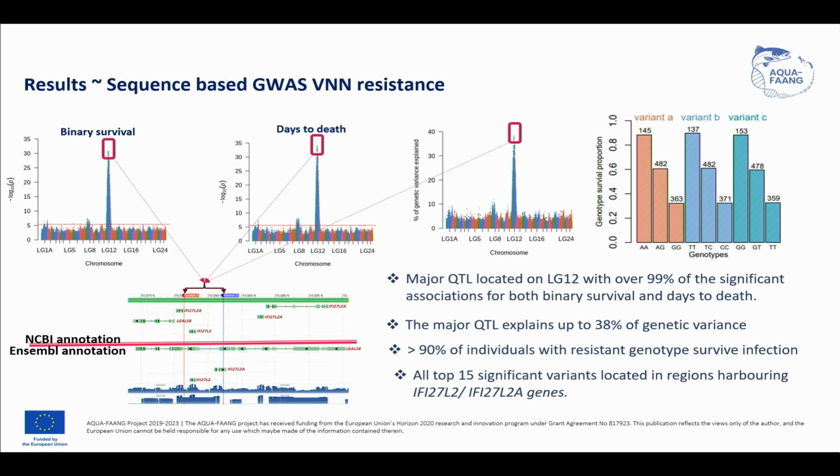And we see that the most significant markers are located within a region that is harboring a lot of interferon-inducible genes that are quite well established to be involved in immune response, especially to viral infection.